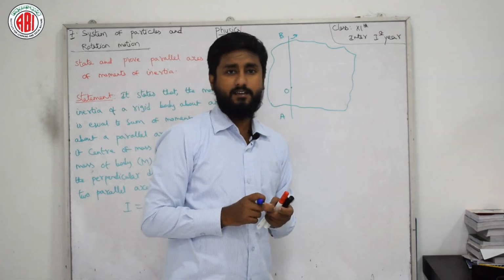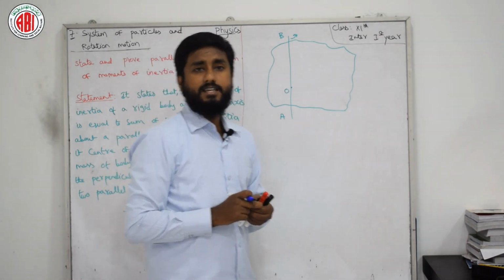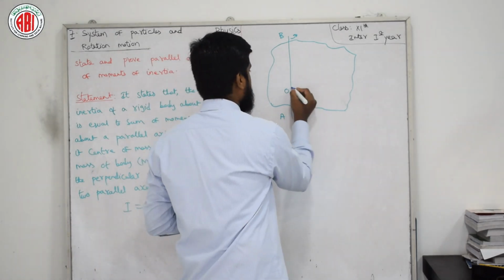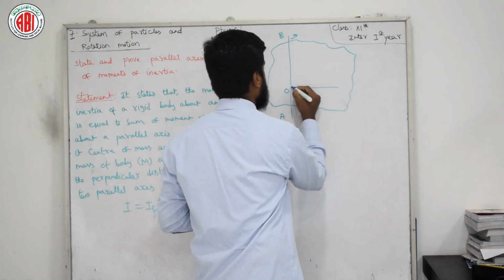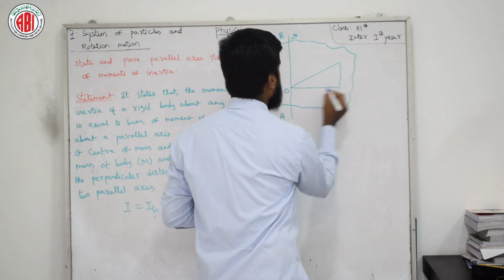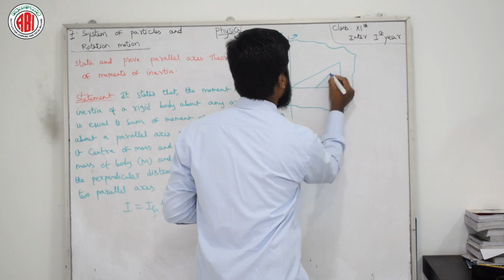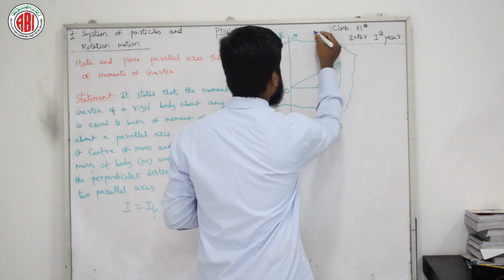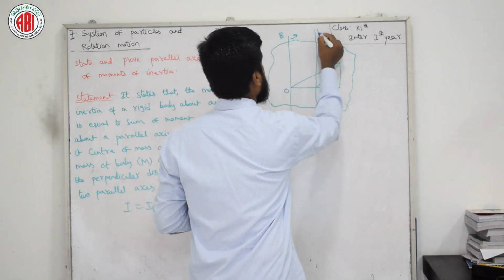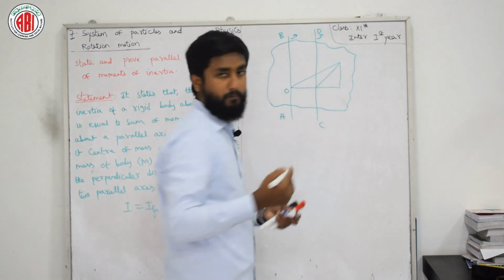Let CD, now I am drawing one more axis here. CD be the axis that passes through the center of mass. First I will draw a single triangle, so now I have a right angle triangle. This is the center point. I am drawing one more line here, and this is one more axis which passes through the center of mass of the rigid body.